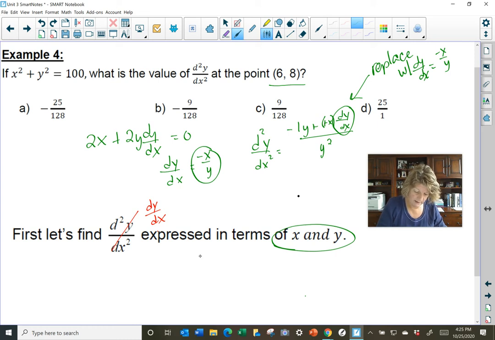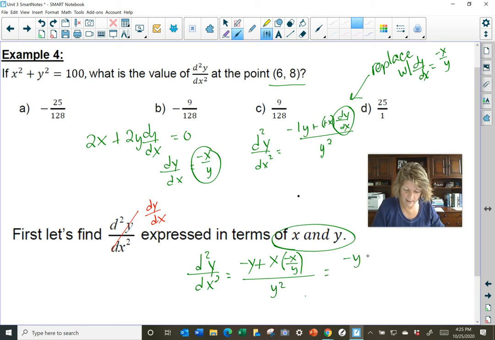So I'm going to get the second derivative to be negative y plus x times negative x over y, all over y squared. That's going to give me a negative y minus x squared over y. I'm going to have a fraction within a fraction, darn it. We should make this a less complicated fraction.